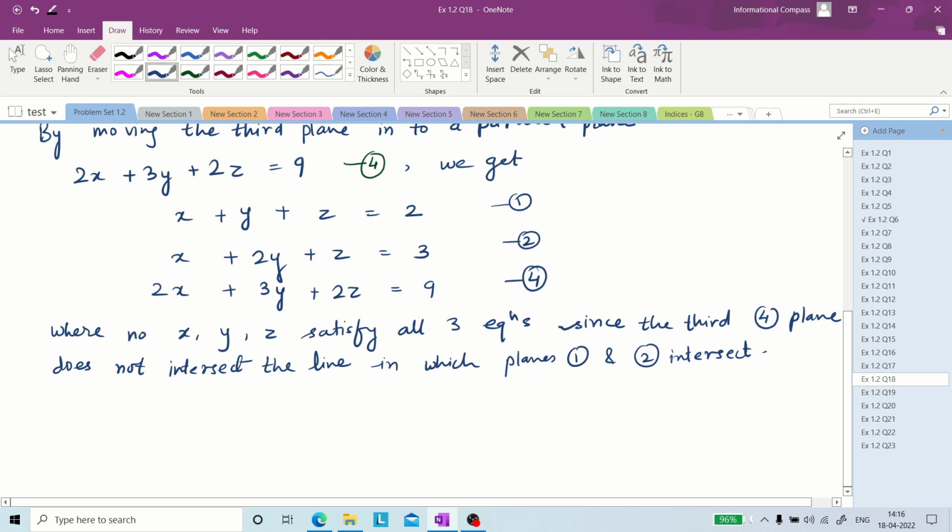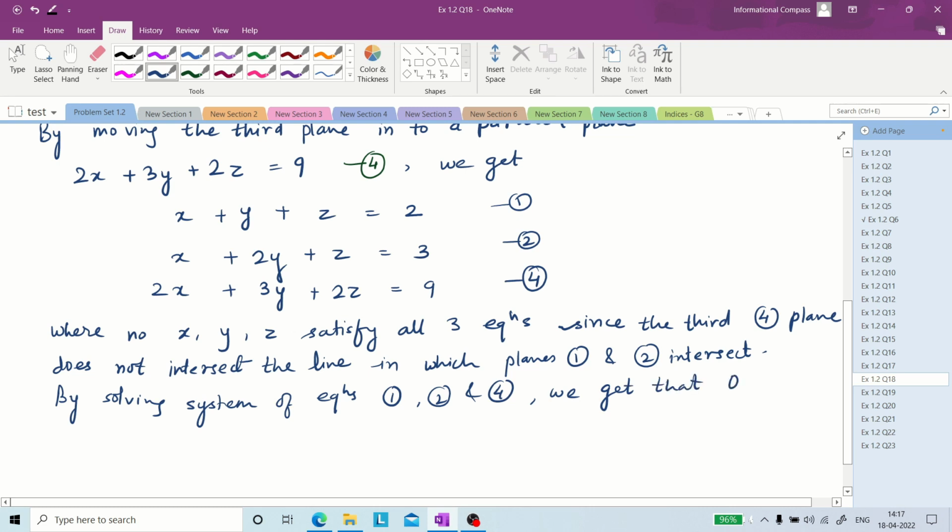Okay, so by solving the system of equations, which equations 1, 2 and 4, we get that 0 equals to 4. Hence, no solution, right?